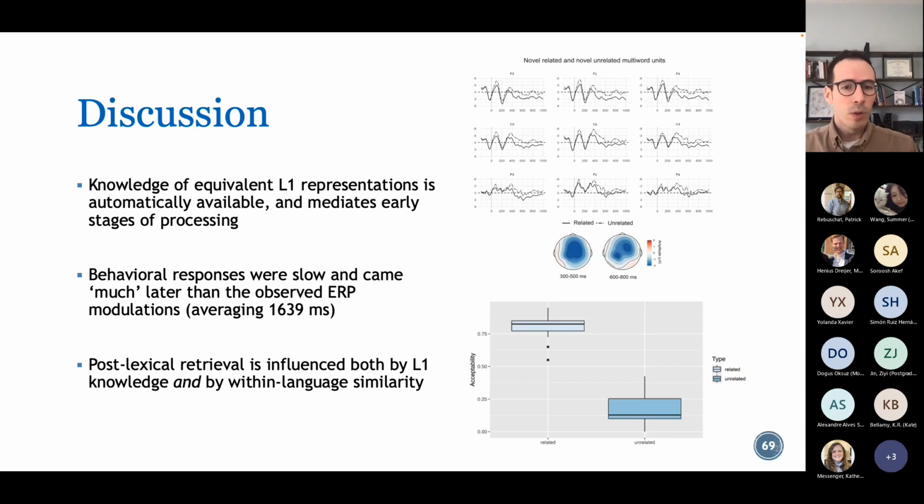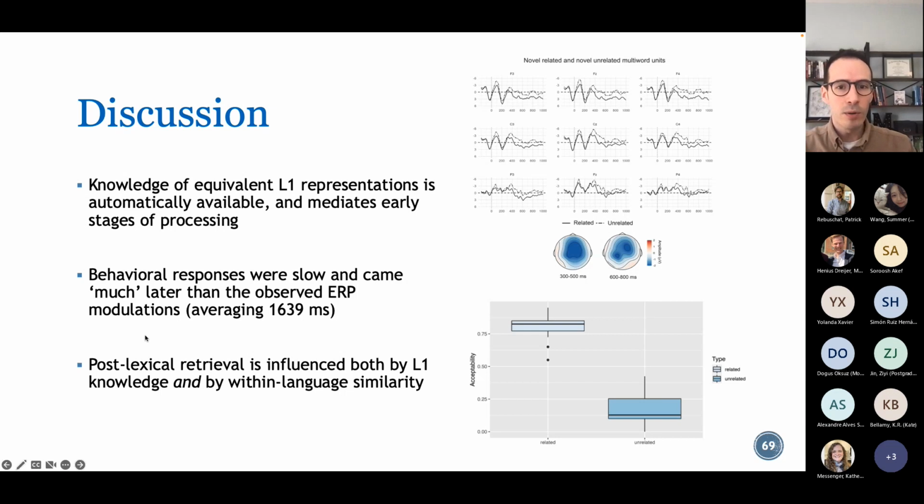So what seems to occur here is the first language knowledge very rapidly was able to mediate processing of these novel collocations, and that's what the ERPs are reflecting. Then only after lexical access, when learners are reflecting on the acceptability of these novel multi-word units they're reading, they can reflect and draw on their knowledge of both their first and their second language, and this is what the behavioral measure is showing.